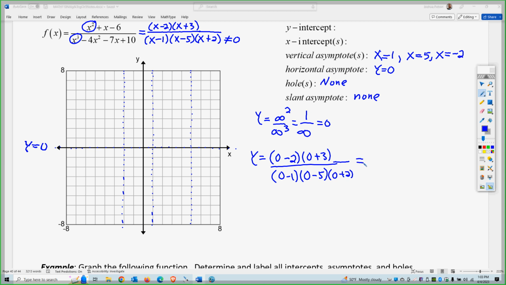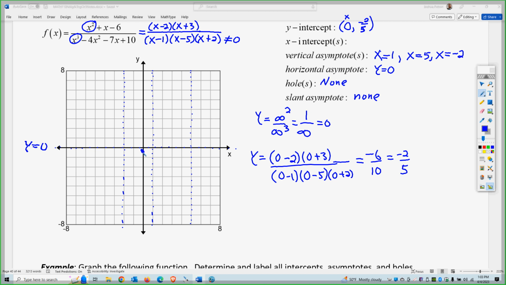So if I think about that calculation, that's negative 6 over 10, or negative 2/5. So 0, negative 2/5, because we know the x value in a y-intercept has to be 0. Makes sense, it's on the axis. So 0, negative 2/5 is approximately right there.